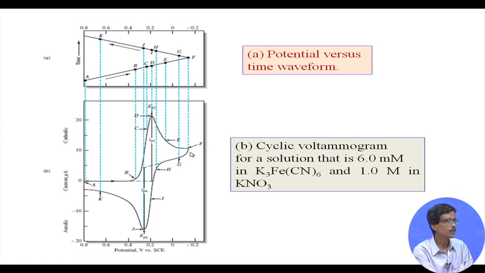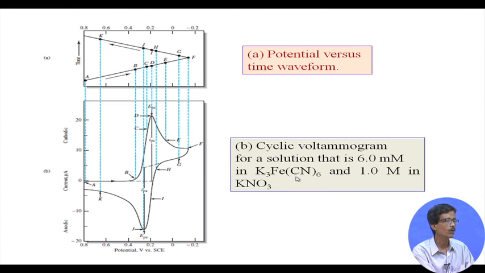This is your typical cyclic voltammogram for a solution containing potassium salt of ferricyanide. Ferricyanide is definitely electroactive on the electrode surface, and we know the corresponding E0 value for this ferrocyanide-ferricyanide couple. We start from the ferric state.